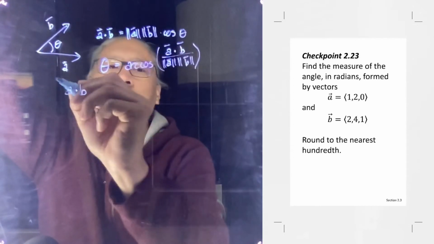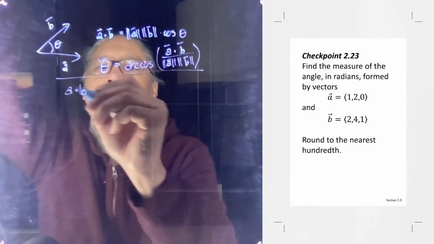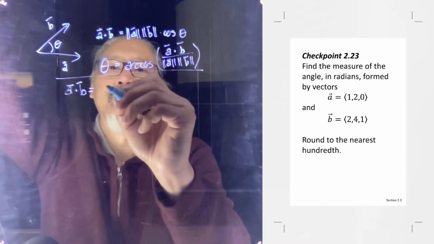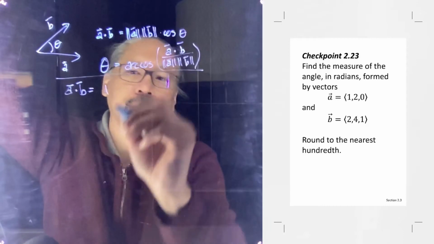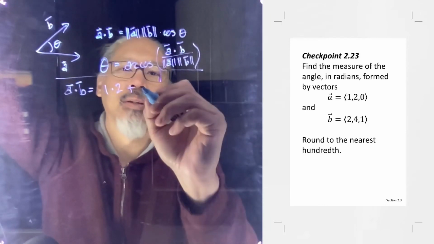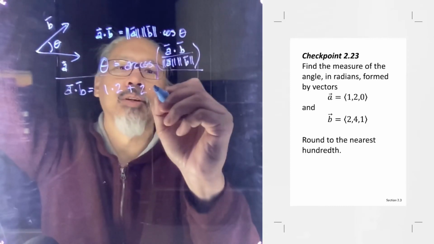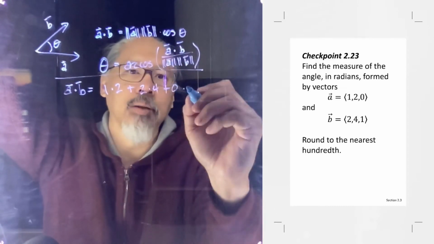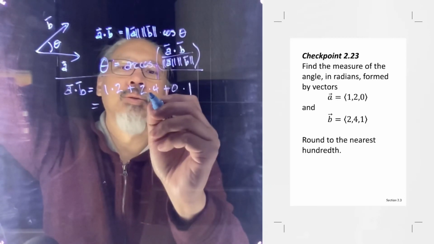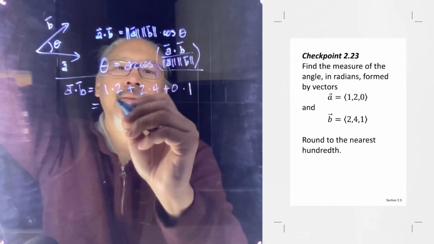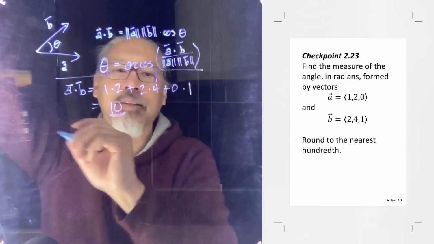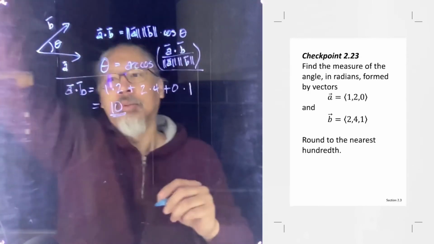A dot B, and A is ⟨1, 2, 0⟩ and B is ⟨2, 4, 1⟩, so 1 times 2 plus 2 times 4 plus 0 times 1. So that's 2 and 8, so that's 10. That's your dot product.